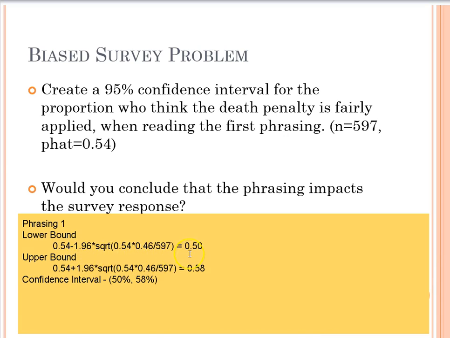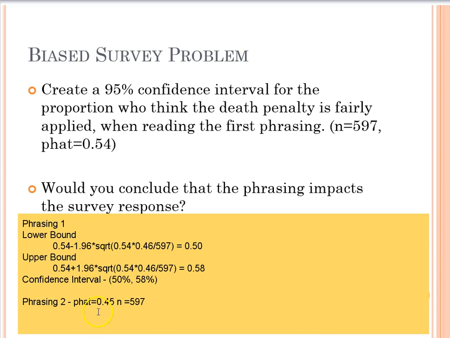When we calculate that out, we get a confidence interval between 50% and 58%. That can be interpreted as a 95% confidence that the true proportion of people who think the death penalty is fairly applied based on the first reading is somewhere between these two values. Now the second phrasing was 45%.